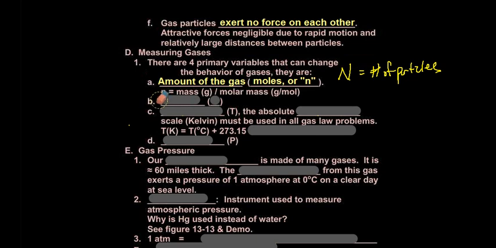All right. Our volume is given by V. This is always in the units of liters. We have a temperature, which is T, and this is in the absolute temperature scale, which is in Kelvin, and it must be used in all gas law problems.